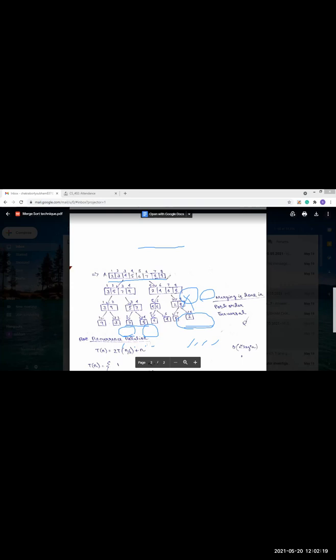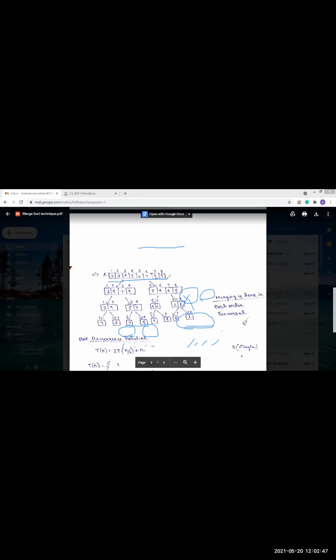In post-order traversal, we first take the left subtree, then the right subtree, and after that the root is taken.